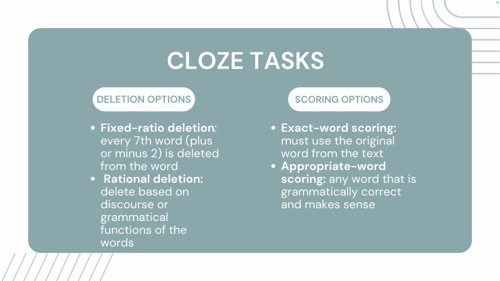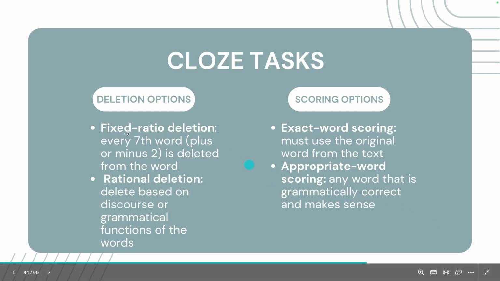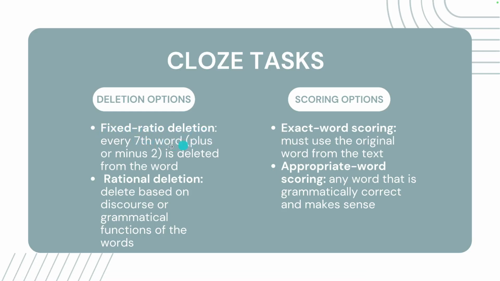So, the deletion option, the true closed test, is the first one, the fixed ratio deletion, where every 7th word, plus or minus 2, is deleted from the text or paragraph. That shouldn't say word, that should say text or paragraph. Sorry about that. I'll fix that later. Now here we got plus or minus 2.